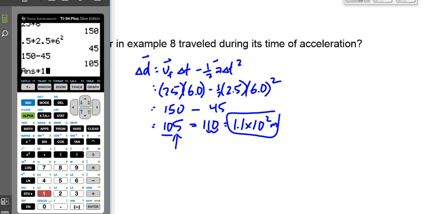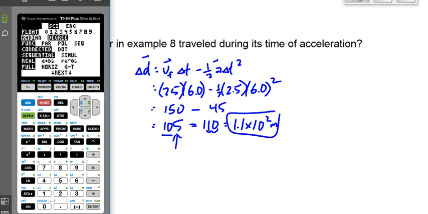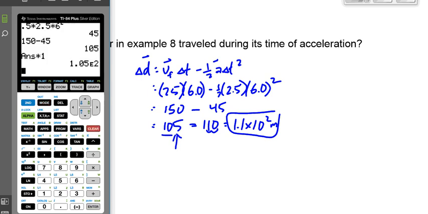So I get the same answer, right? Now it gives me 1.05 times 10 to the 2, which I have to round to 1.1 times 10 to the 2 in order to get 2 digits. Make sense? Some people like to leave their mode in scientific notation. Whatever. I like to leave it in standard notation, but whatever you want.